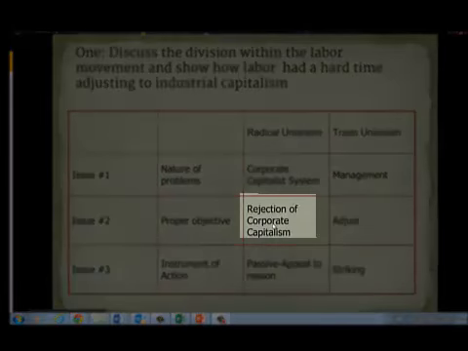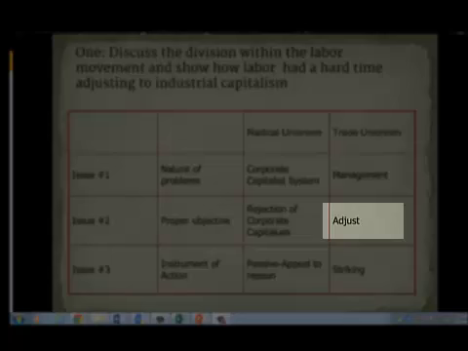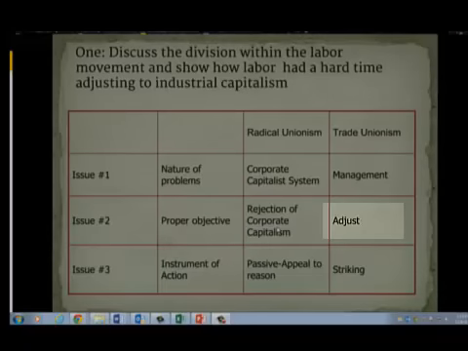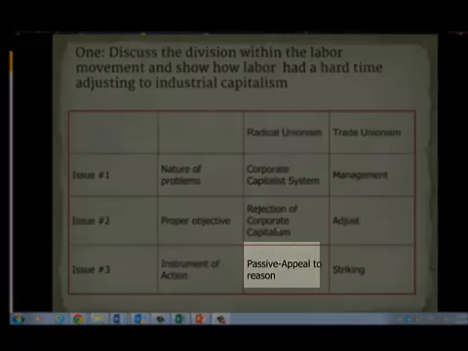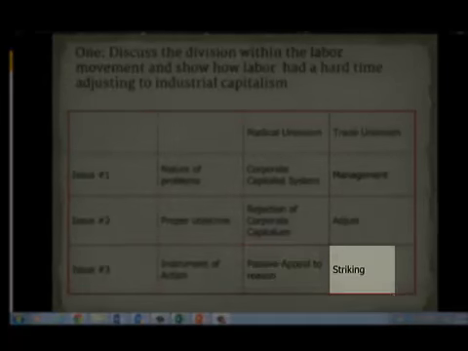For radical unions, the proper objective is to reject the corporate capitalist system. For trade unions, the proper objective is to adjust. For radical unions, more or less, the instrument of action was the passive appeal to reason. And for trade unions, it's going to be striking.